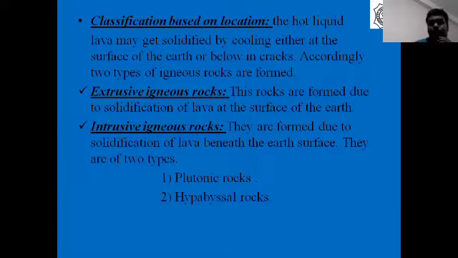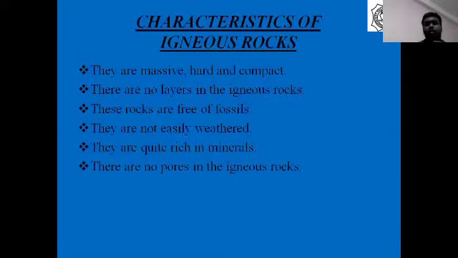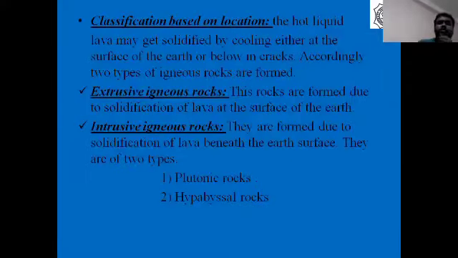So let me tell you what plutonic and hypabyssal igneous rocks are. The word plutonic is a Greek word that came from Pluto, which means the god of the underworld.